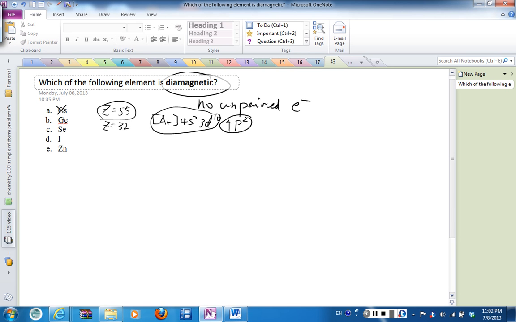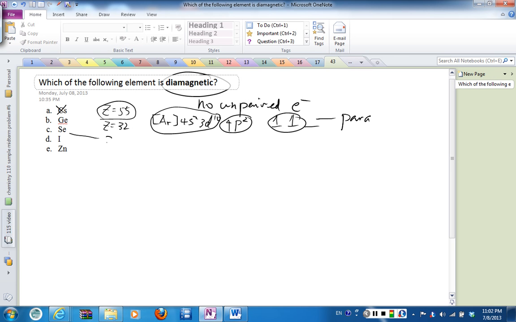But here's 4p. Now, think about your p orbital. P orbital has 3 degenerate orbitals, and when you put 2 electrons on them, you have to put them unpaired with the same spin, and that means germanium would have 2 unpaired electrons, and that means germanium would be paramagnetic as well.